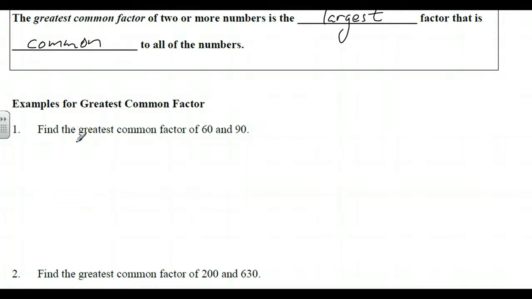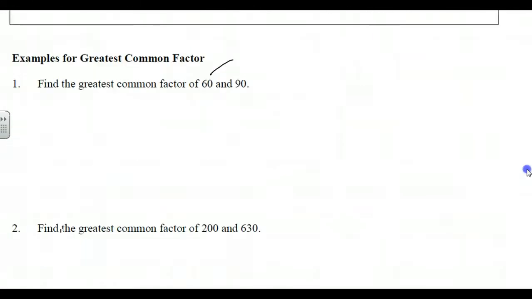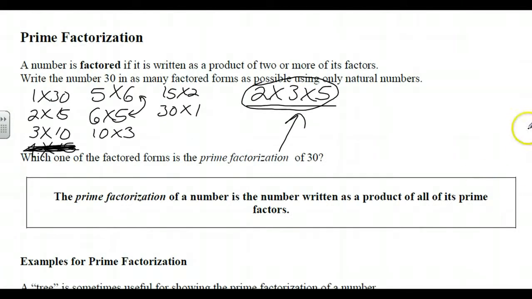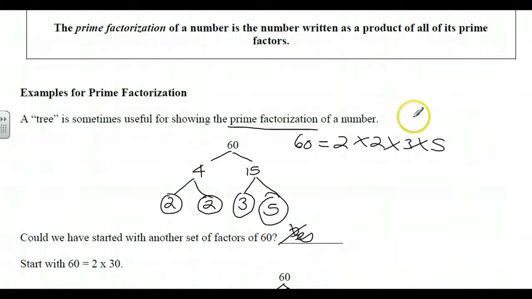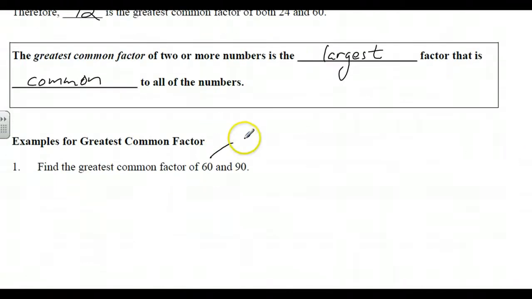Now we already know the prime factorization of 60, right? We did that on the other page. We know that 60 is 2 times 2 times 3 times 5. So let's go back here and write 60. 60 is equal to 2 times 2 times 3 times 5. Okay, let's do 90.